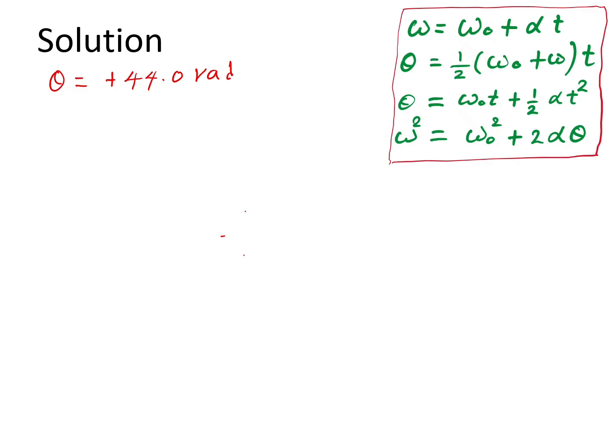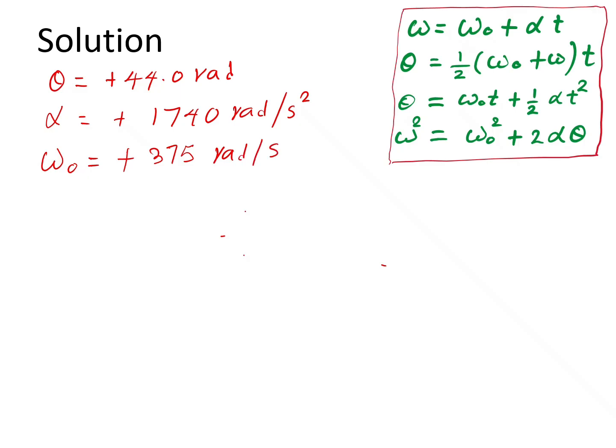The angular acceleration alpha is positive 1740 radians per second squared. Initial angular velocity omega naught is positive 375 radians per second, and we need to find omega.